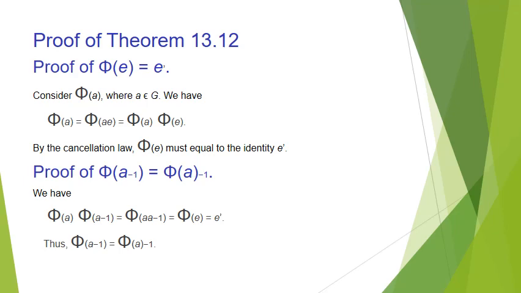Number 2, proof of P(a⁻¹) = P(a) inverse. We have P(a) times P(a⁻¹) is equal to P(a a⁻¹), which is equal to P(e), which is equal to e prime, or the identity. Thus, P(a⁻¹) is equal to P(a) inverse.